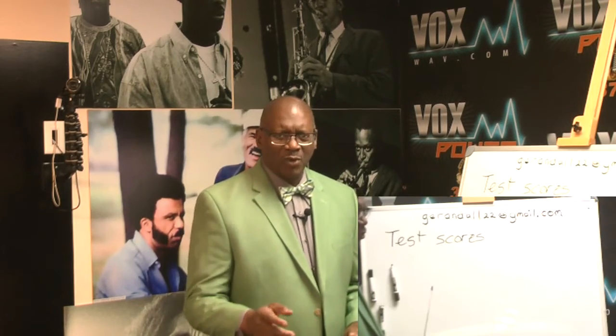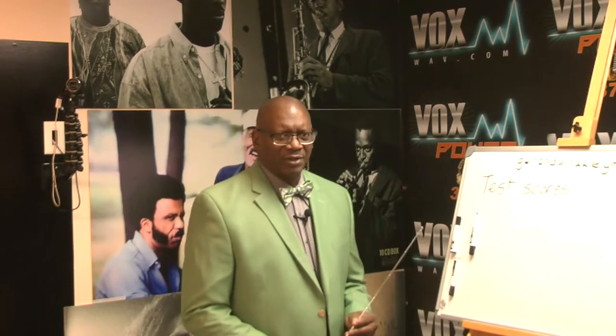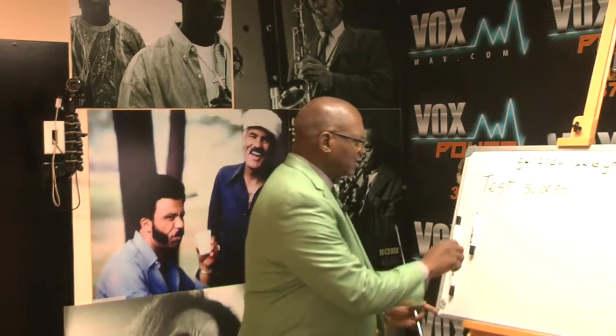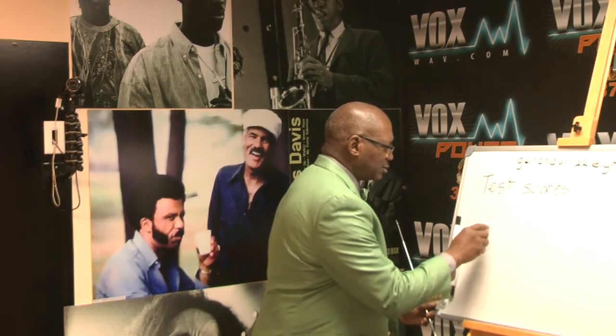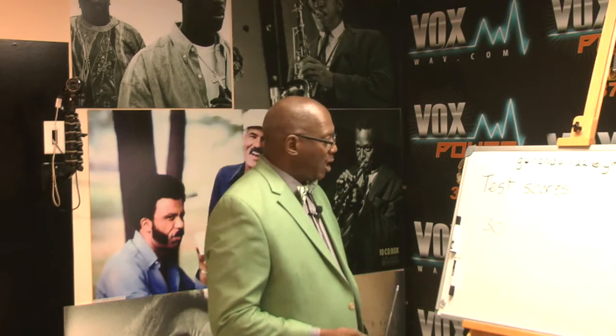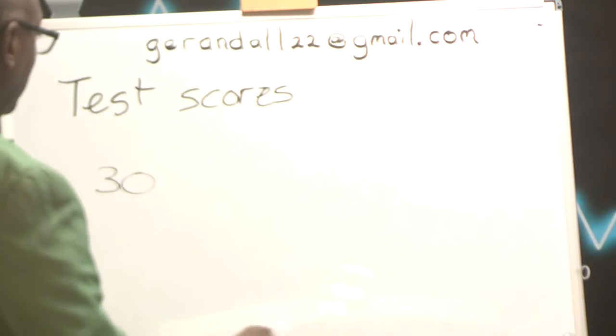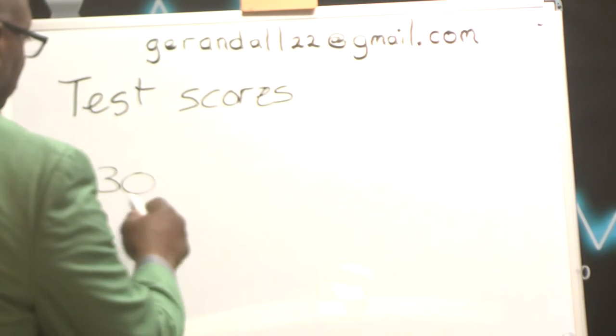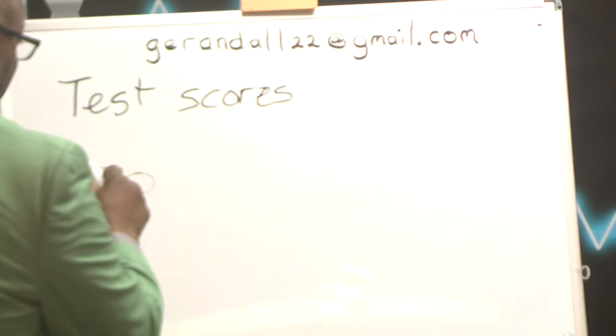I want to talk about test scores before we proceed with any more rates, because often we take a test, and let's say there's 30 questions, and we may get 25 right.